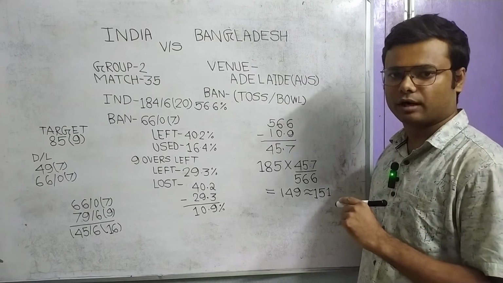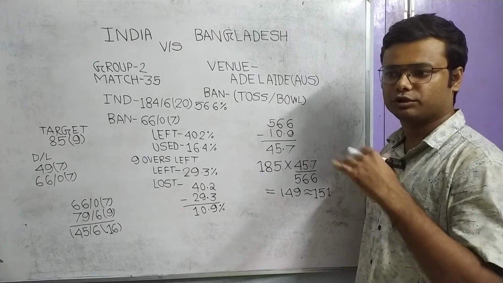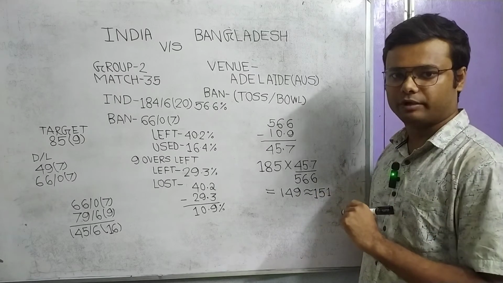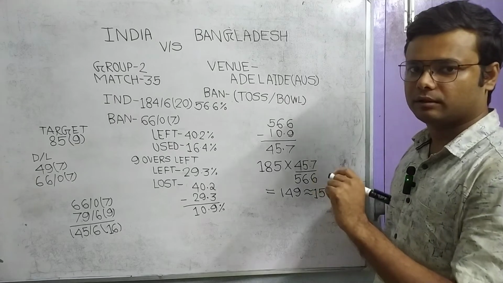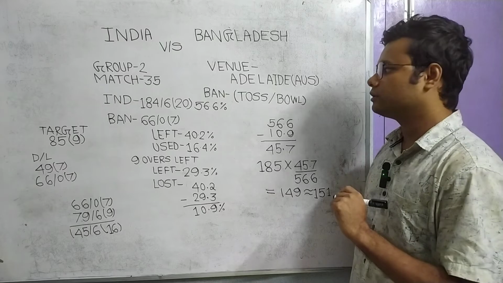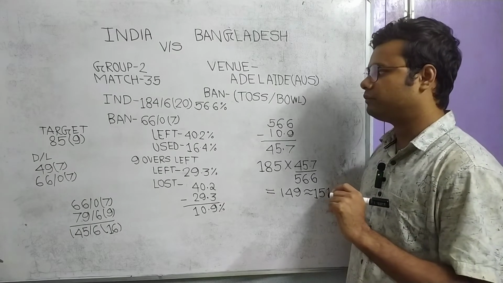What was the equation in front of Bangladesh? There is a particular term called the resource percentage, which means the ability to score runs. It has two parameters: the number of overs left and the number of wickets lost. In a T20 game, the maximum resource percentage is 56.6.